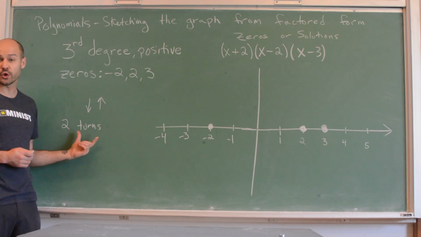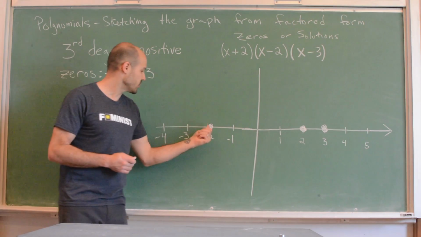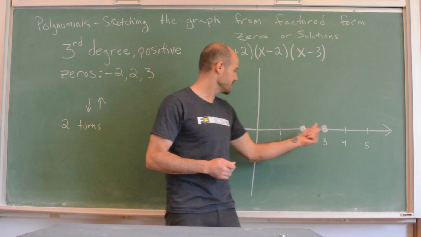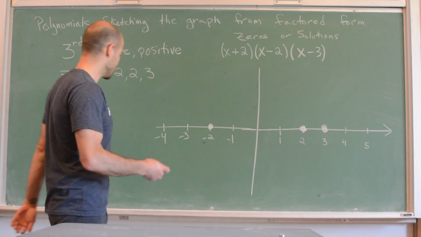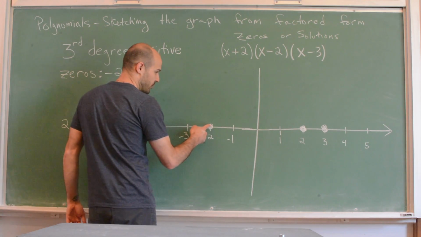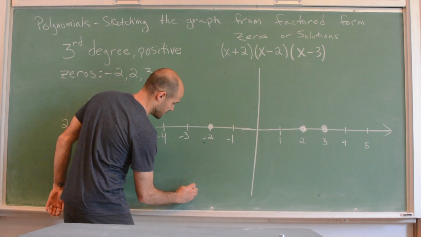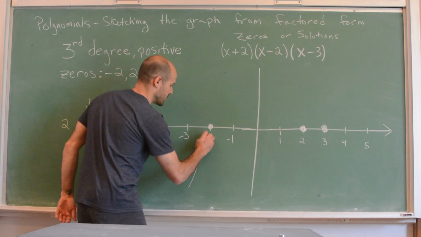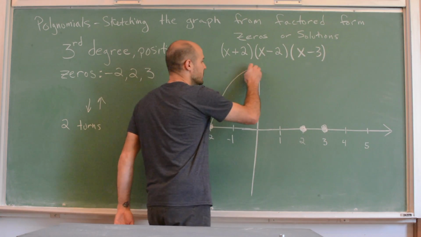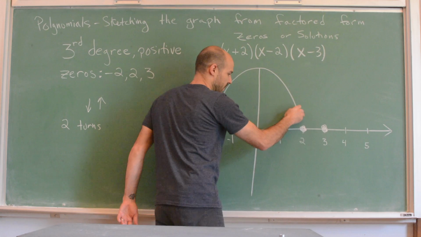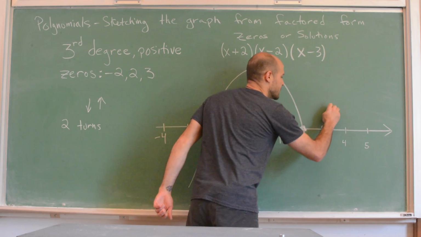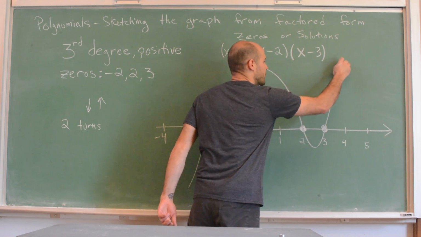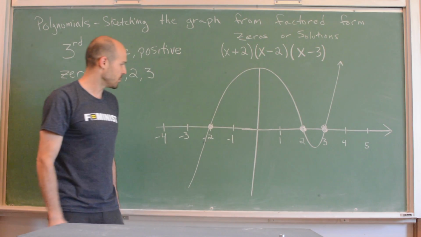So now we know that it's down, up end behavior. It's going to have 2 turns, and the graph is going to go through all 3 of these points. There's only one way to sketch that graph. We have to start down, and we're going to go through this point. We're going to do 1 turn before we get to the next point. And we're going to do our second turn as we go through the third point, ending up.